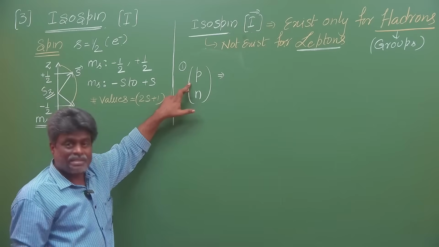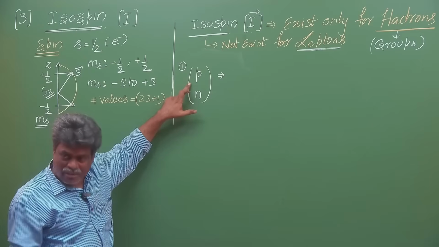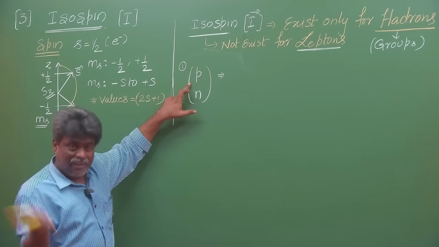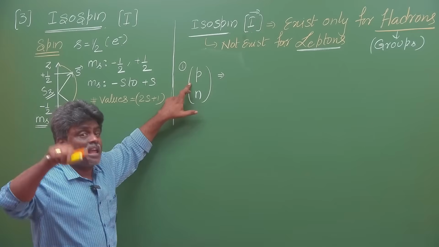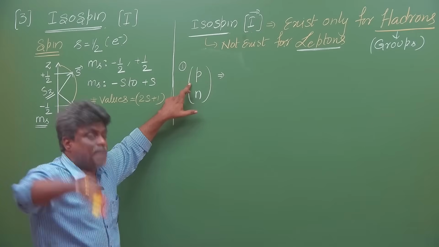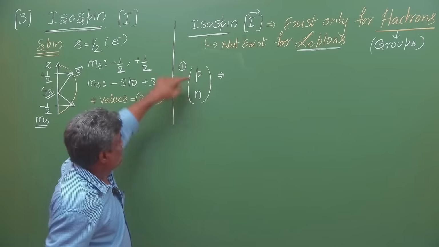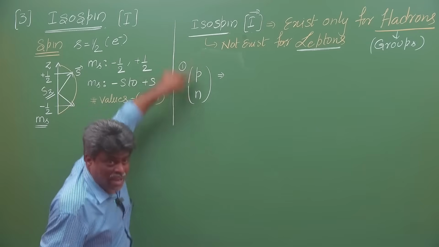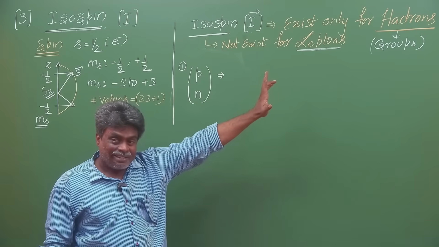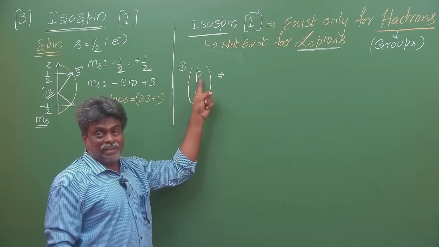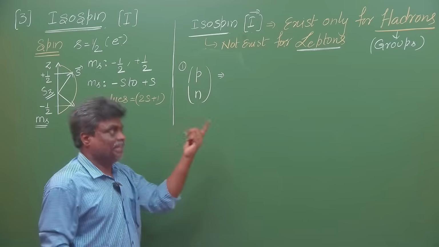Next one, sigma plus, sigma naught, sigma minus: different projections of the same entity. That same entity has the same isospin. That's why these both have the same isospin, but the projection is different for proton and neutron. That will come later.